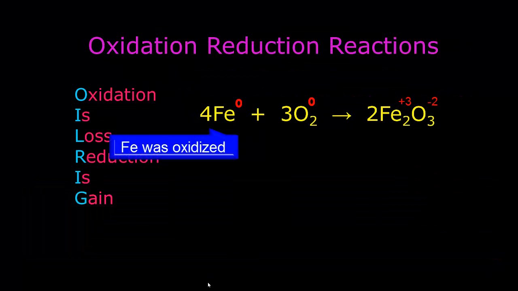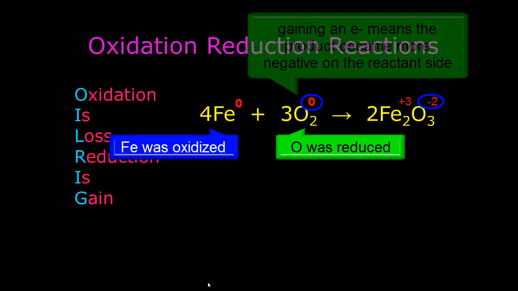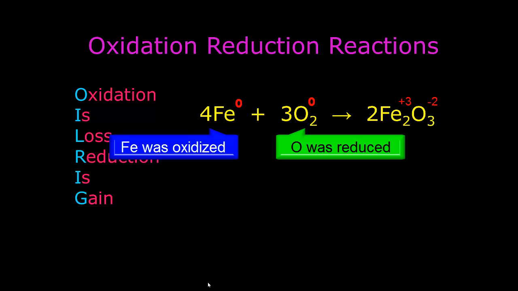The oxygen went from an oxidation state of 0 to a -2, so it had to gain electrons, become more negative, which means that oxygen has been reduced because it gained electrons. Now this is what I mean when I say that they occur simultaneously. The oxygen will have to gain the electrons that iron is giving up in order to form Fe2O3, which, by the way, is rust.